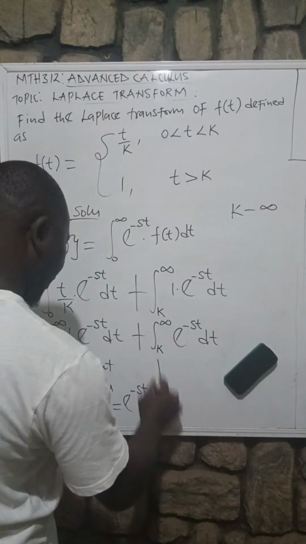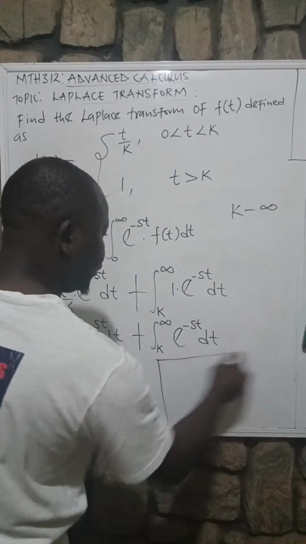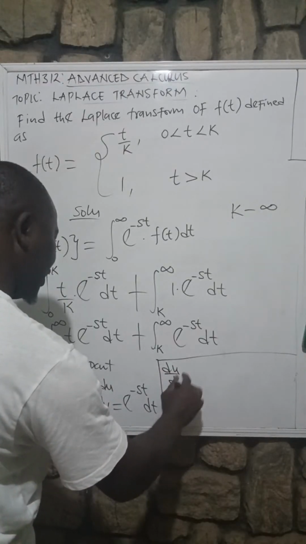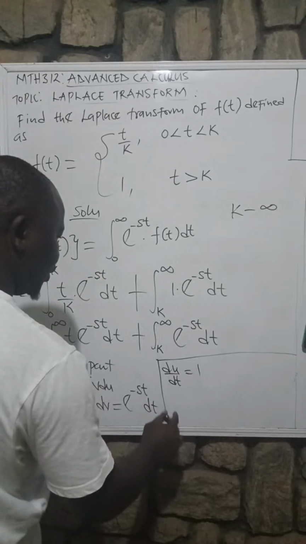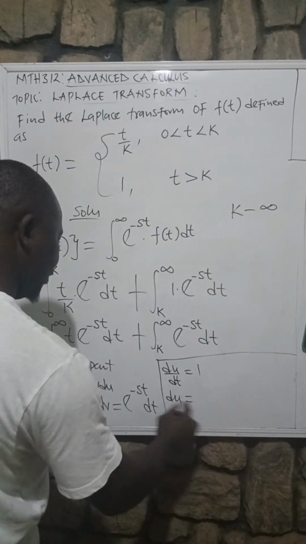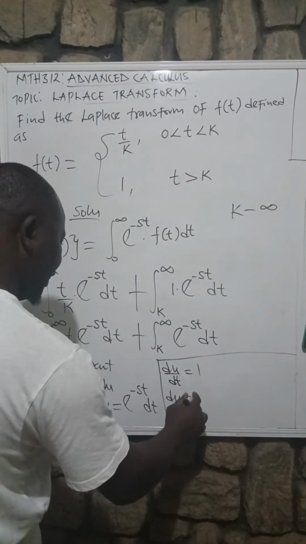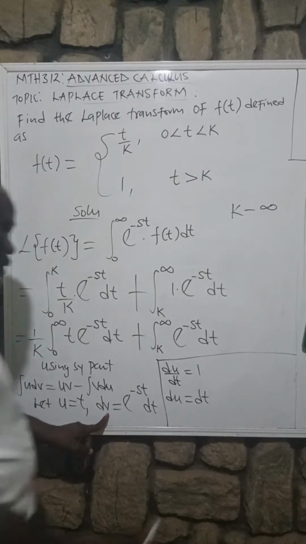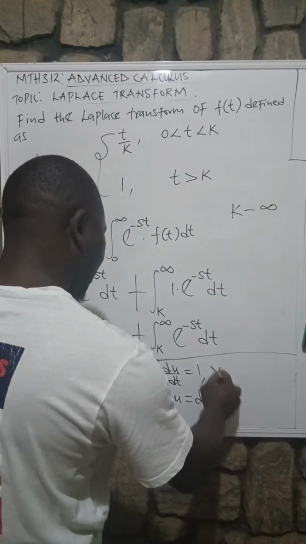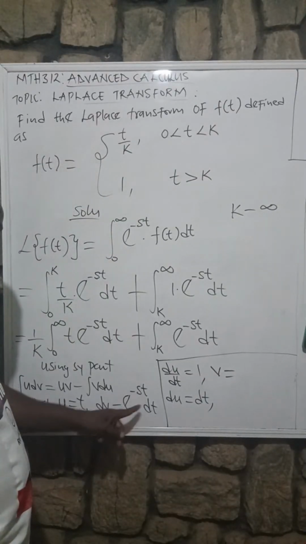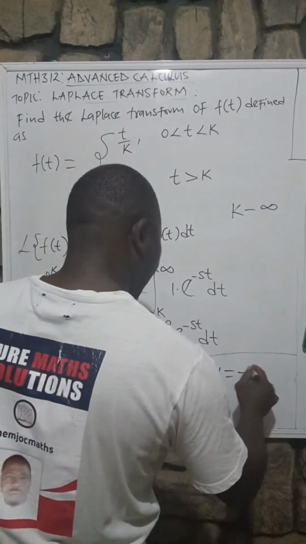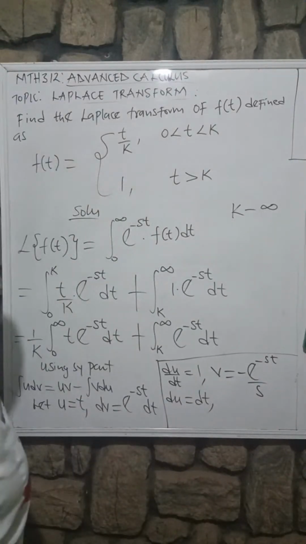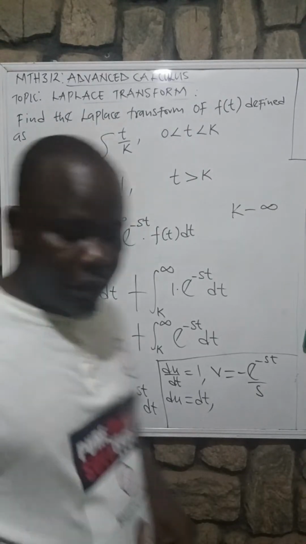If we differentiate u equals t with respect to t, du over dt is equal to 1, so du is equal to dt. Then integrating dv, we have v equals minus exponential minus st all over s, right? Any question here before I proceed?